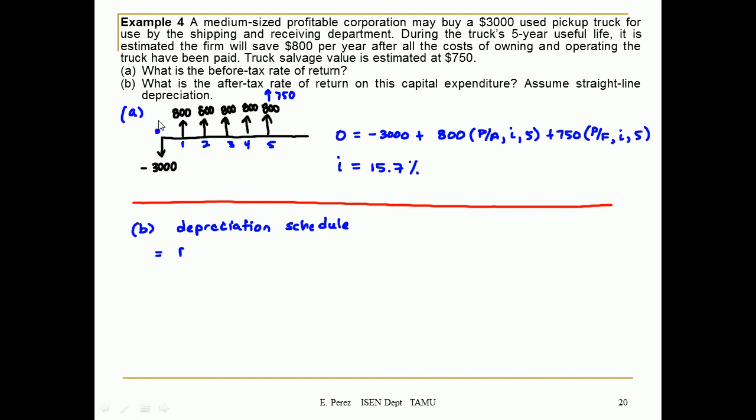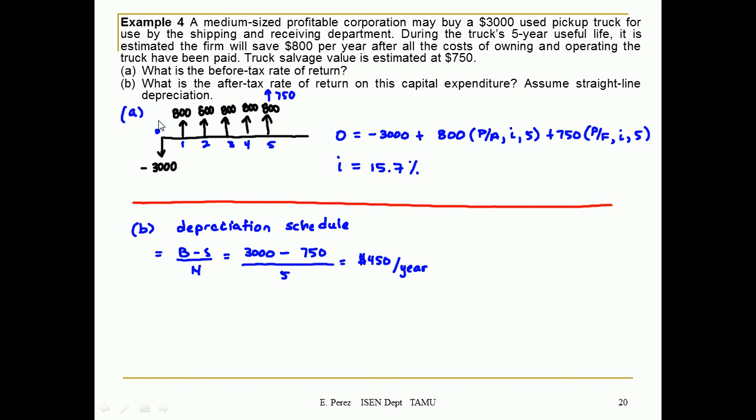You know for straight line you need the initial cost minus the salvage value divided by the number of years. So in this case we have an initial cost of 3,000 minus the salvage value, which is 750, divided by the number of years, which is 5. So this is going to be equal to $450 per year.